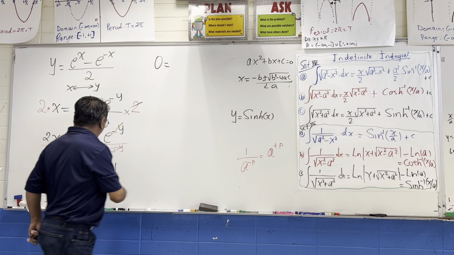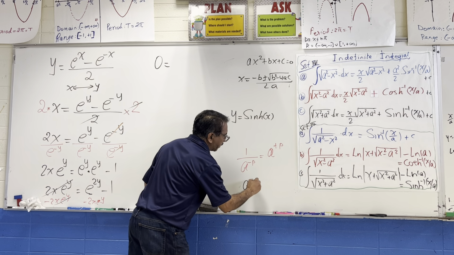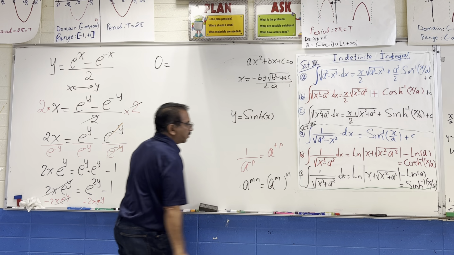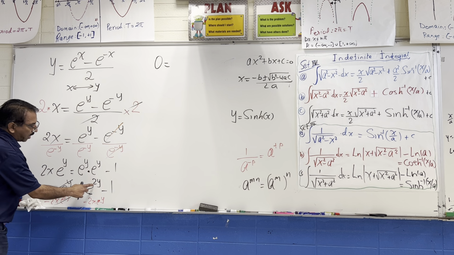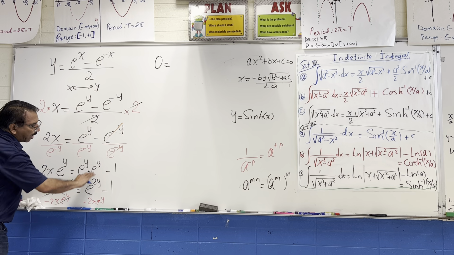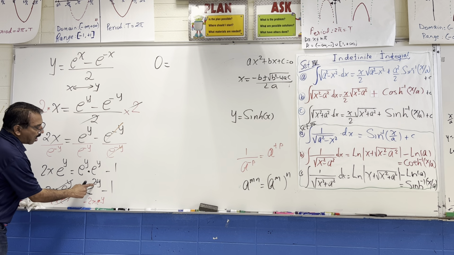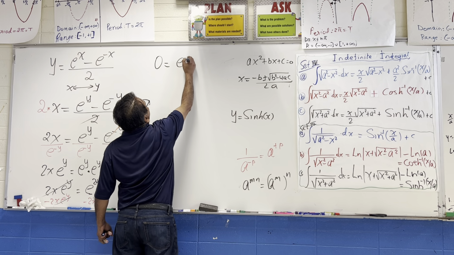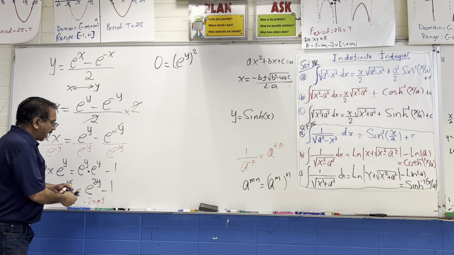For this term e raised to 2y, we will use the power of a power property, because the goal is to get a quadratic form. So I'm going to write this as e raised to y, whole squared. This is m, I can take this out, so this is the same as e raised to y, and then square.